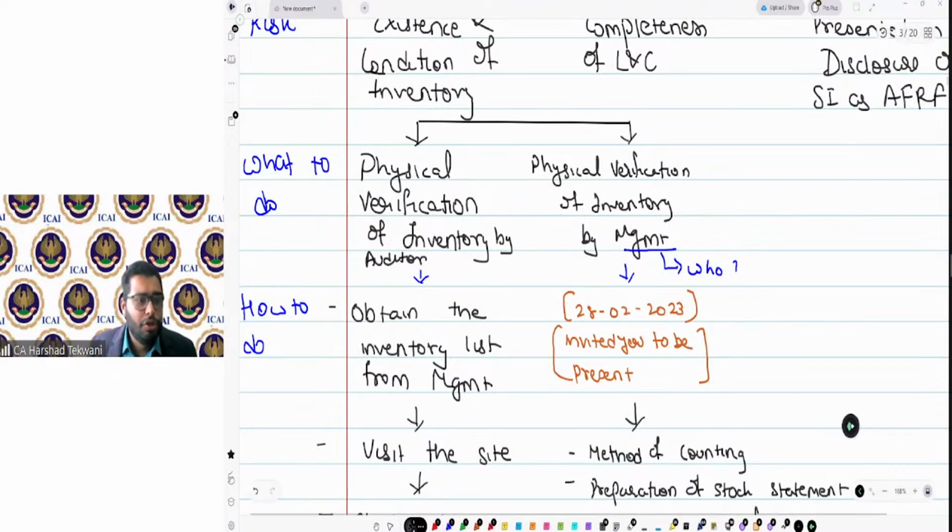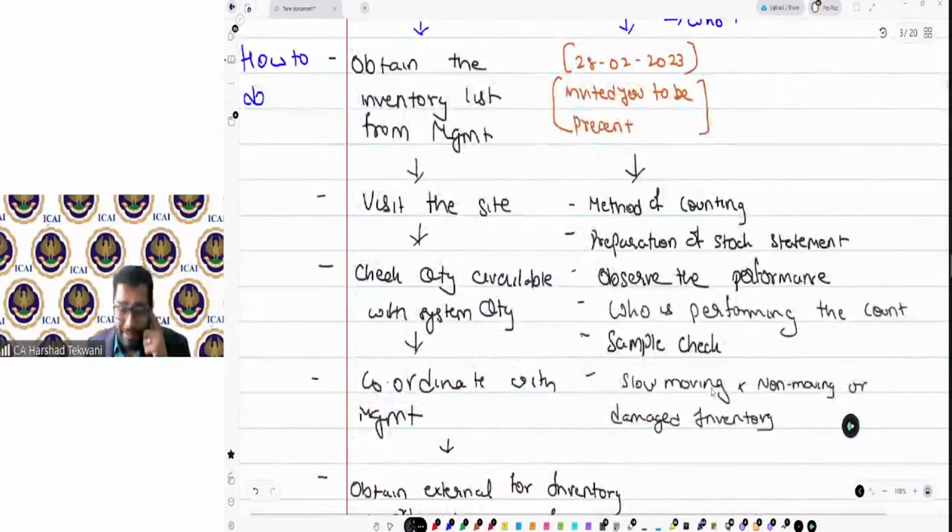The question is who is performing the count. Now, let's say there are some people coming from outside performing the count, some corporate officers. Now the question is how they were performing the count.